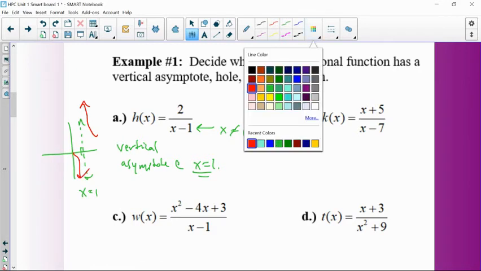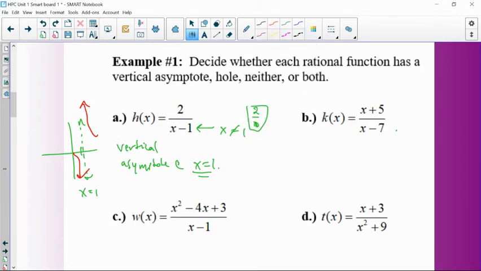Okay, now looking at this next example, I noticed that x can't be 7 because I can't divide by 0. When I choose x to be 7, that's the only time there's a 0 in the bottom. And when I choose that, 7 plus 5 over 0, or 12 over 0, again, that's an indication we have a vertical asymptote.